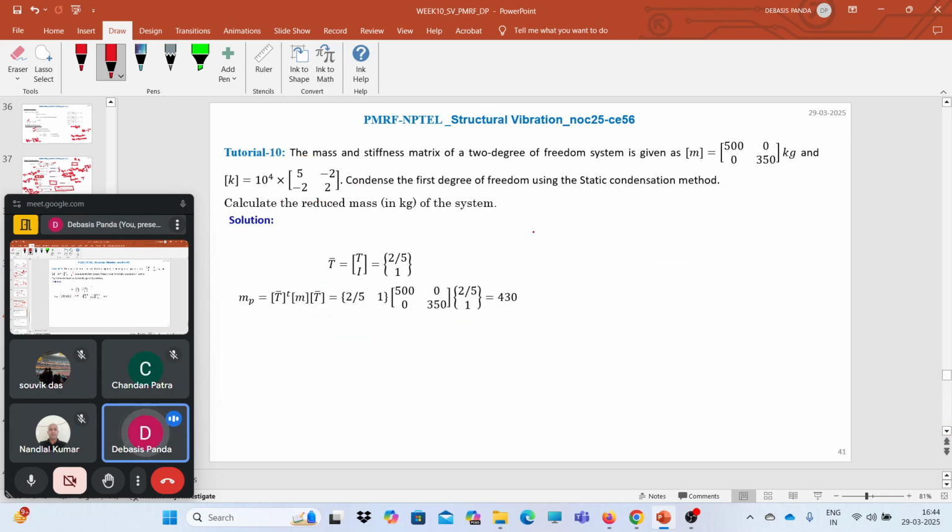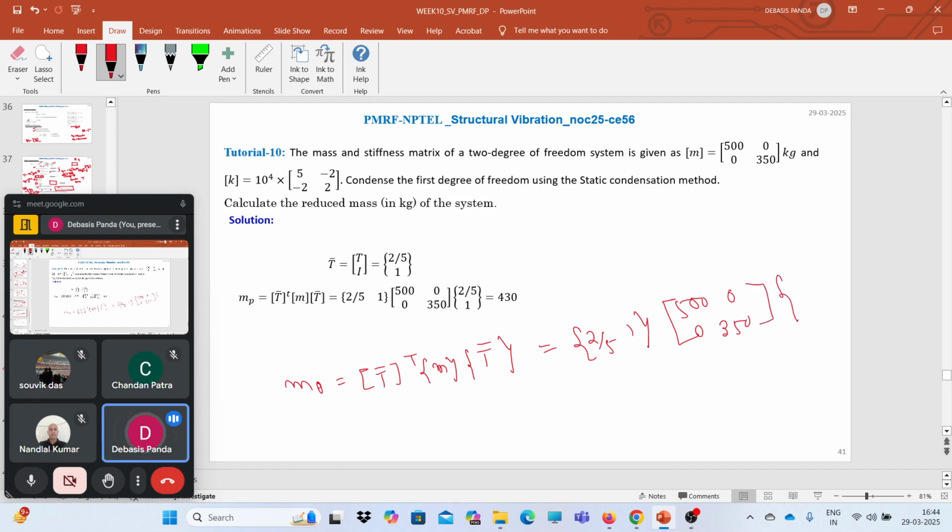Now once we have these two values, the reduced mass matrix MP is nothing but T bar transpose M T bar. So we have all the values. T bar transpose, that means 2 by 5, 1. We have the mass matrix 500, 0, 0, 350, and we have 2 by 5 and 1. Now do the operation, you will get the value.